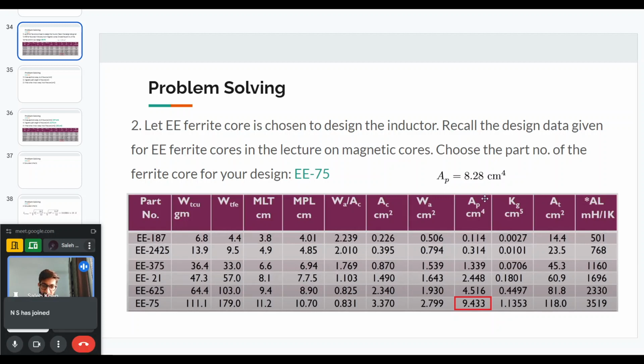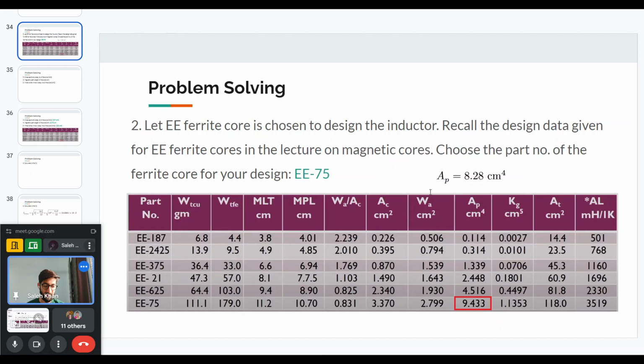And if you see the area product column, in centimeter to the fourth power, the first core that satisfies this condition is EE-75. If the core goes greater than this size, then the area product will also increase, but that will be too much. So the core that we have to select is only EE75 because this core satisfies our condition.